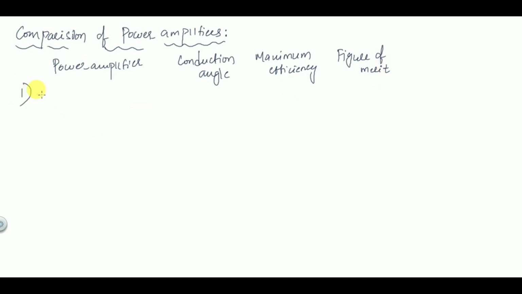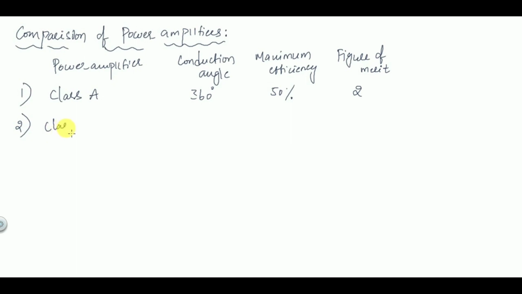The first type of amplifier is the class A power amplifier. We know that in a class A power amplifier the conduction angle is 360 degrees, the maximum efficiency possible is 50% in the case of a transformer coupled class A power amplifier, and the figure of merit is 2.